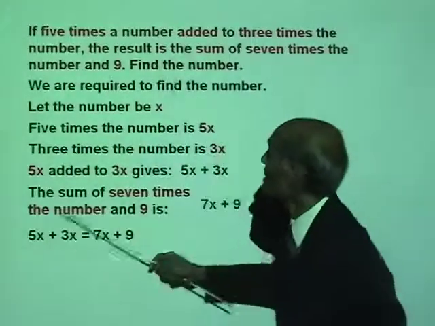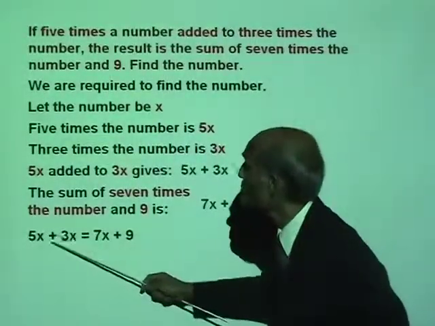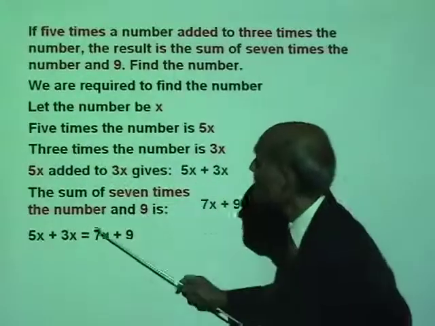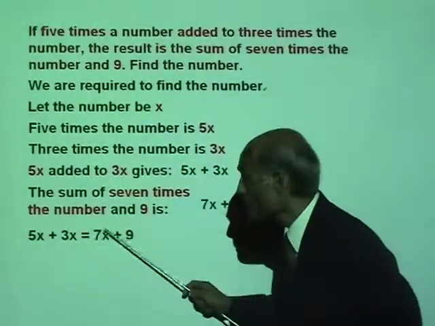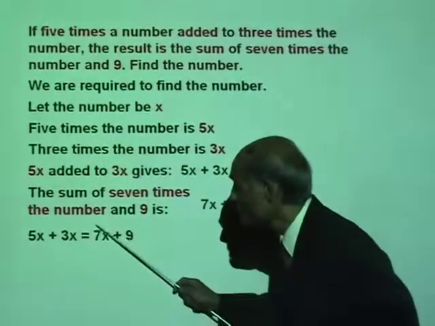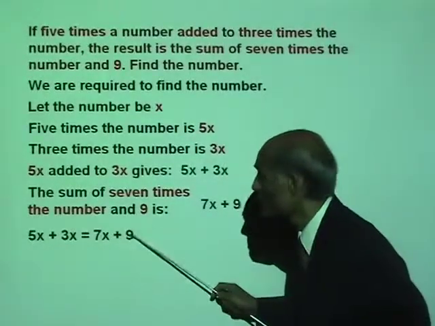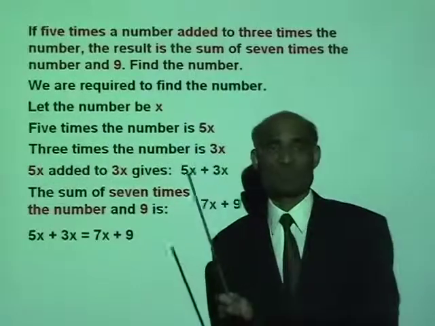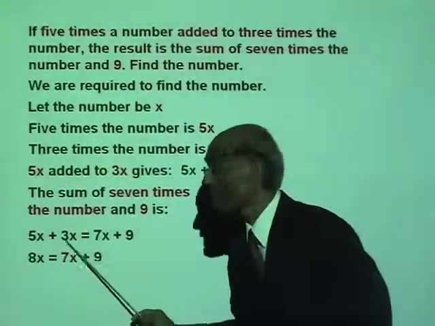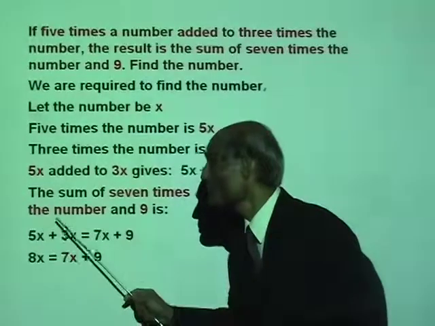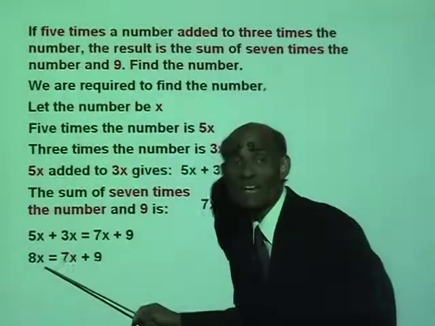5 times a number added to 3 times the number is the same as the sum of 7 times the number and 9. Alright, we start by combining terms on the left. 5x plus 3x is 8x.